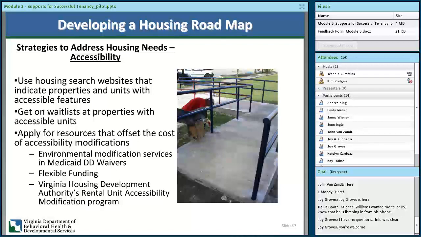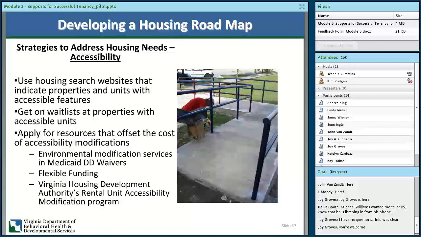First, search for accessible housing using websites that list properties and units with accessible features. Then get individuals on wait lists for properties that have accessible units and help them apply for resources that can assist with the cost of making accessibility modifications.